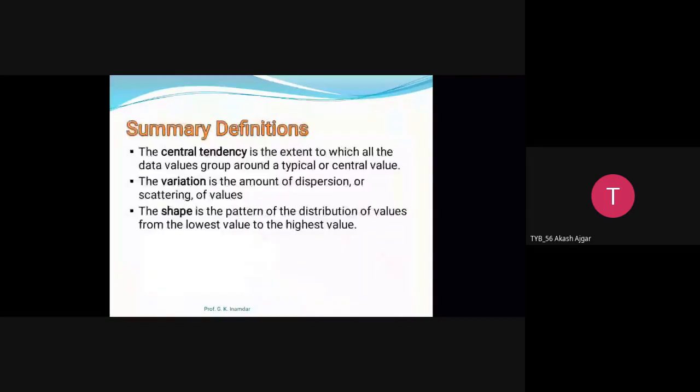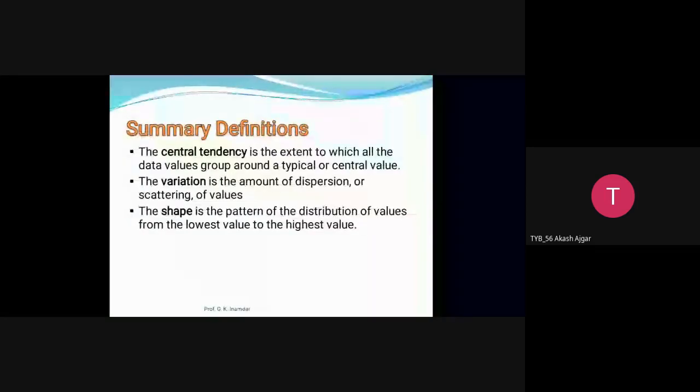So, summary. Some definitions we will take. The central tendency is the extent to which all the data values group around a typical or central value. Whatever data we collect using the different charts, that is just the central tendency, to find out the values. The variation is the amount of dispersion or scattering of values.